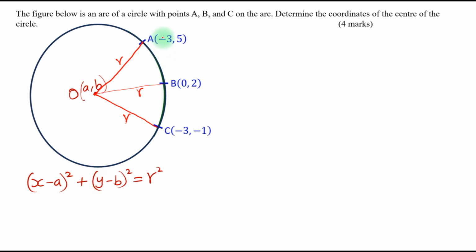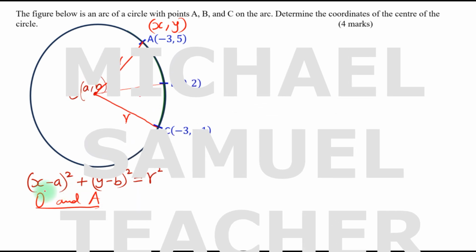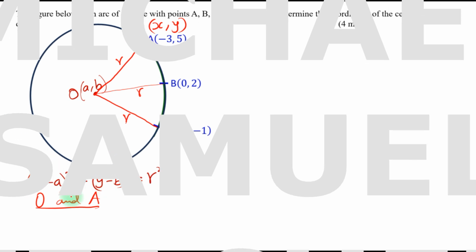In our case, the points on the circumference will be of the form x, y, and the coordinates of the center of the circle are a, b. So if we take point O and A, let us take the two points and form the equation of the circle. We substitute those values into the general equation.